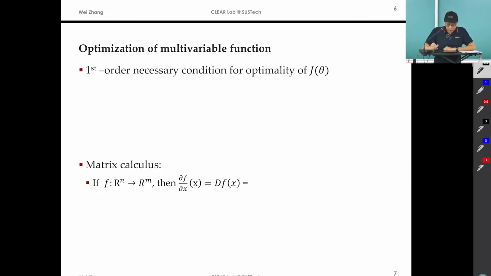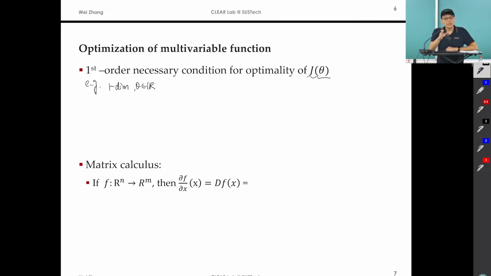Let's recall, suppose you're more familiar with single variable functions. If I want to find the optimizer of J of theta, what should we do? For example, let's say theta is in R. How do we optimize it?